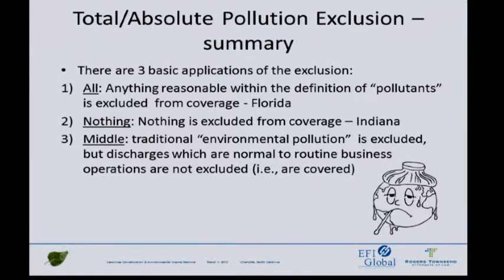So nothing's excluded by that provision. Or the middle ground, which is where a lot of states fall, North Carolina and South Carolina included, and that is that what the total pollution exclusion excludes from coverage is what most people would think of as traditional environmental pollution, stuff leaching out in the groundwater and that sort of stuff, but not things that are normally incident to your business operations.